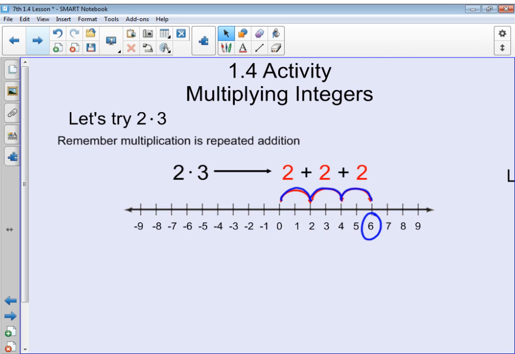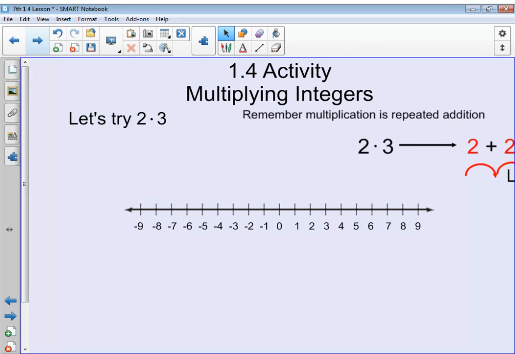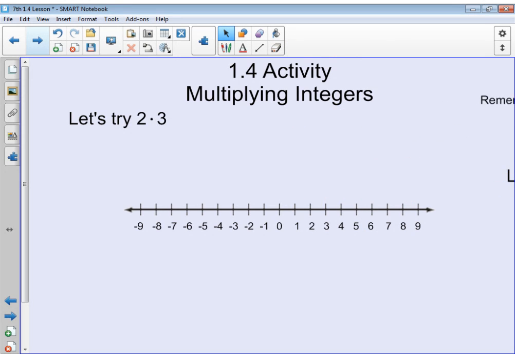So here's an example of something that we might work with today. Instead of 2 times 3, maybe we're going to do negative 2 times 3. If we were going to represent negative 2 times 3 on our number line, we're still going to start at 0, for those of you that need that visual.